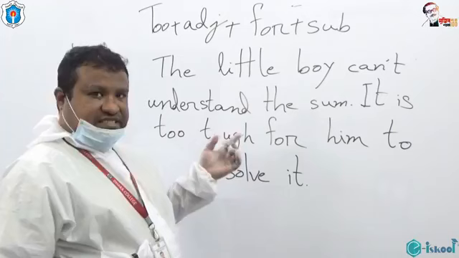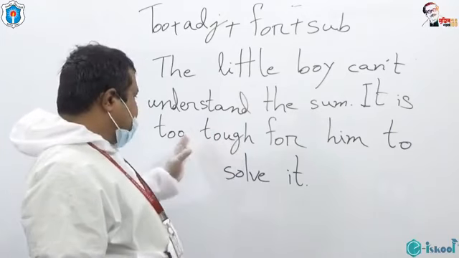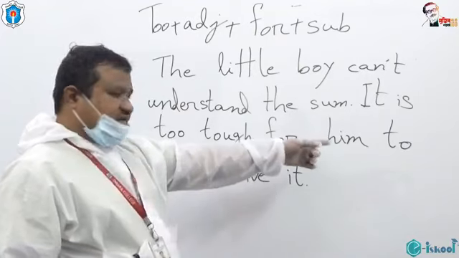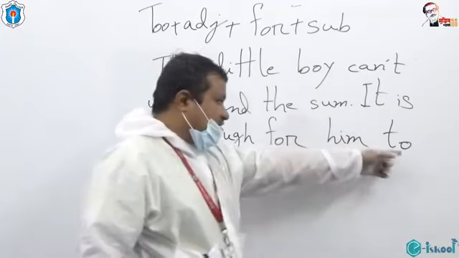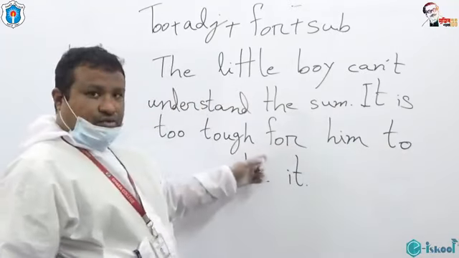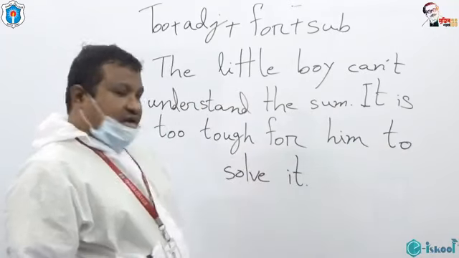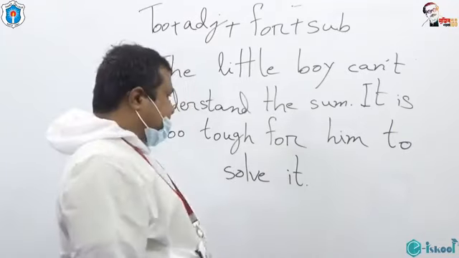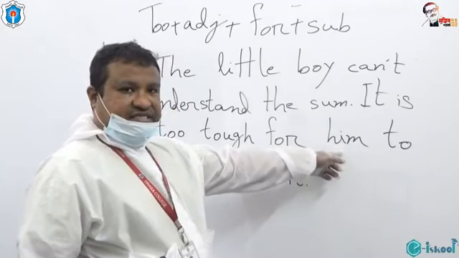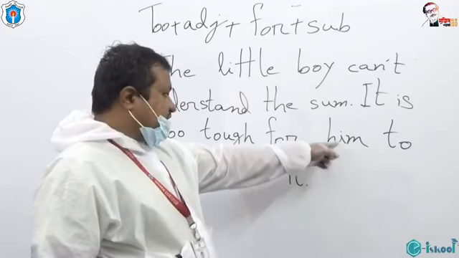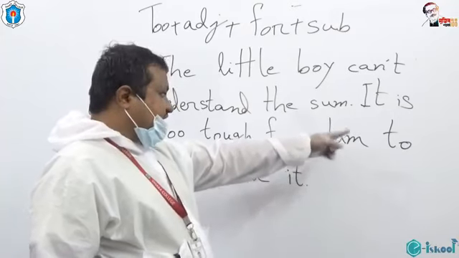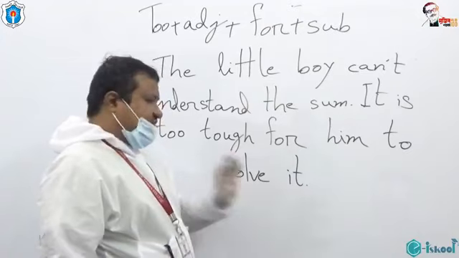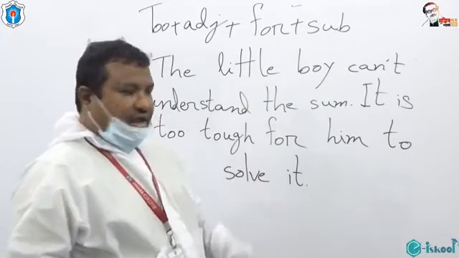In the earlier structure we see that the structure was like too plus adjective and then we used to see the preposition to, but here we will see the preposition for. Now when we see the preposition for, of course we have to understand that we must turn the subject into its objective form and then we have to use the preposition to, then the main verb, then object. That's all.